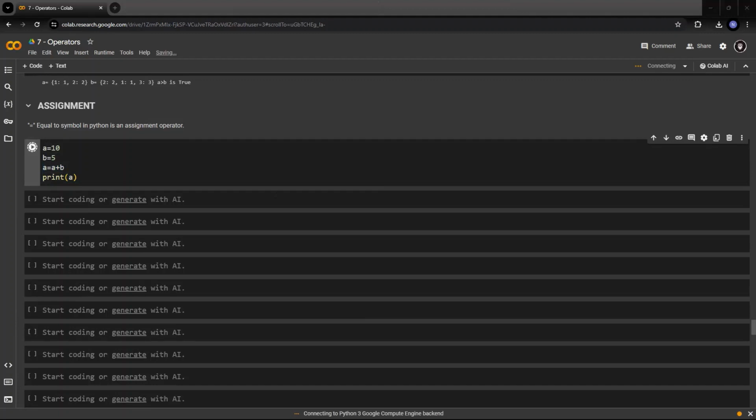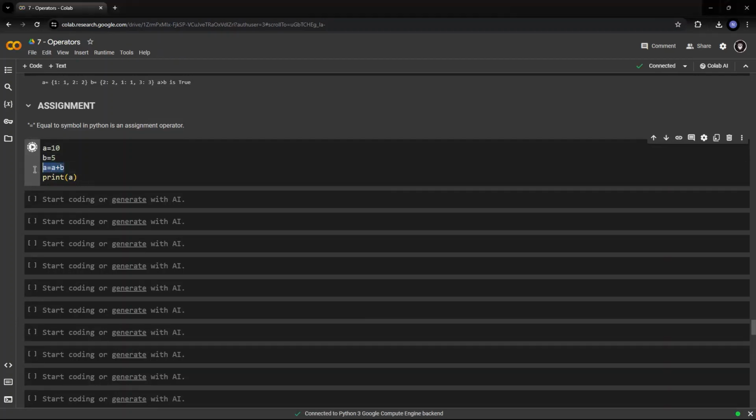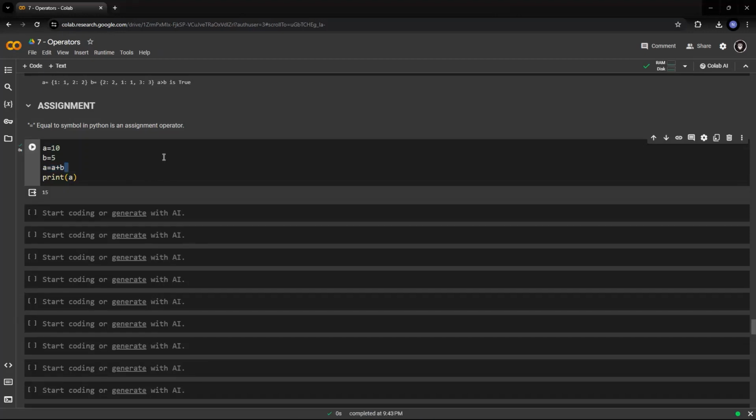Now, at the first instance, for somebody new to programming but who knows maths, a statement a equals to a plus b would look strange. How could a be equal to a plus b?